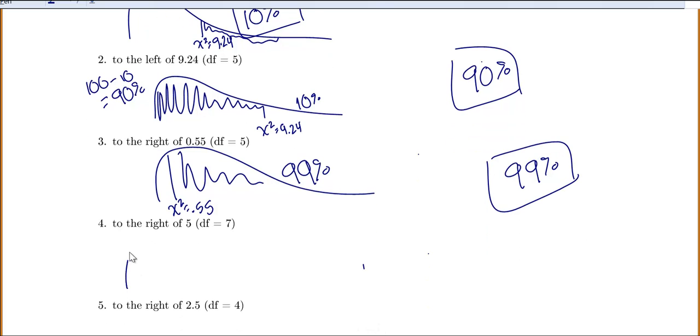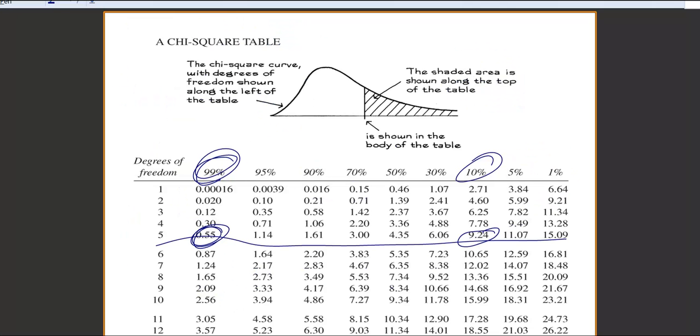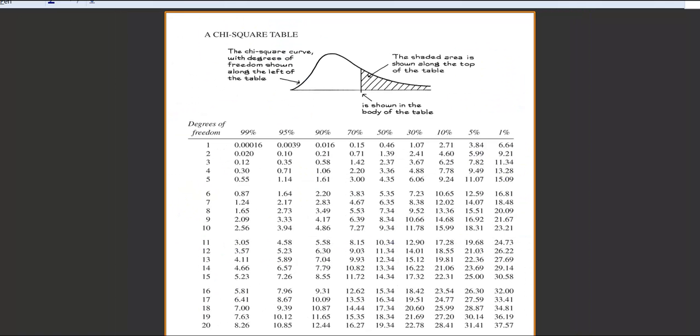Now number 4, let's find the area to the right of 5. Now we have 7 degrees of freedom. So for 7 degrees of freedom, we look at that row, and we were looking for a chi-squared of 5. And notice there is no 5 exactly, but 5 would be somewhere in here between 4.67 and 6.35.